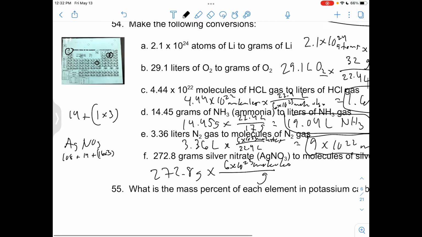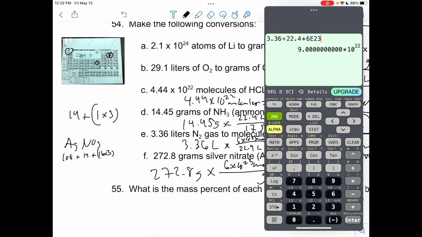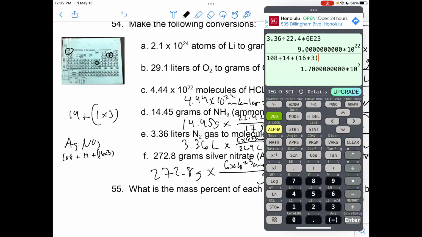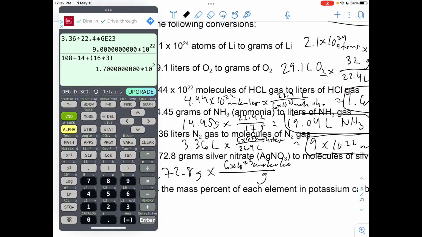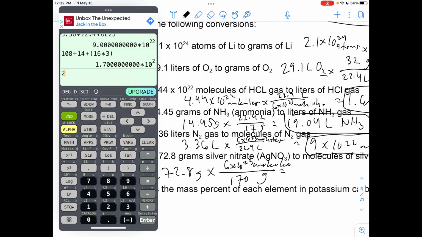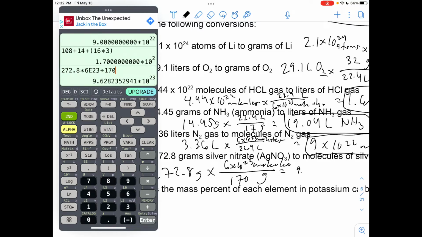Oxygen is 16. So that would be 108 plus 14 plus 16 times 3, which is 170. Okay, so 170. So 272.8 times 6e23 divided by 170 is 9.63.